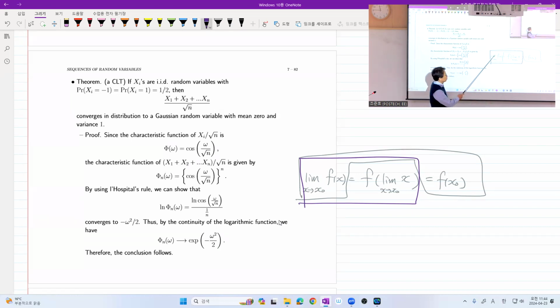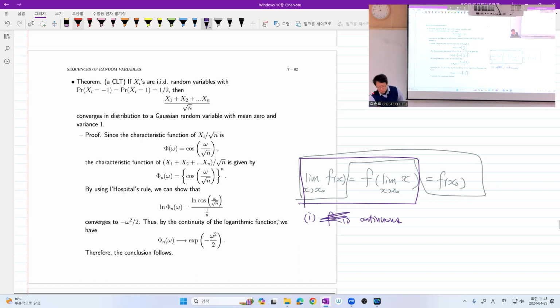You can switch the order of function evaluation and the limit operation. It's amazing, got it? But one of the important examples is that if f is continuous, right? So this is continuity. And now what is useful is not actually this one, but a different thing like this.